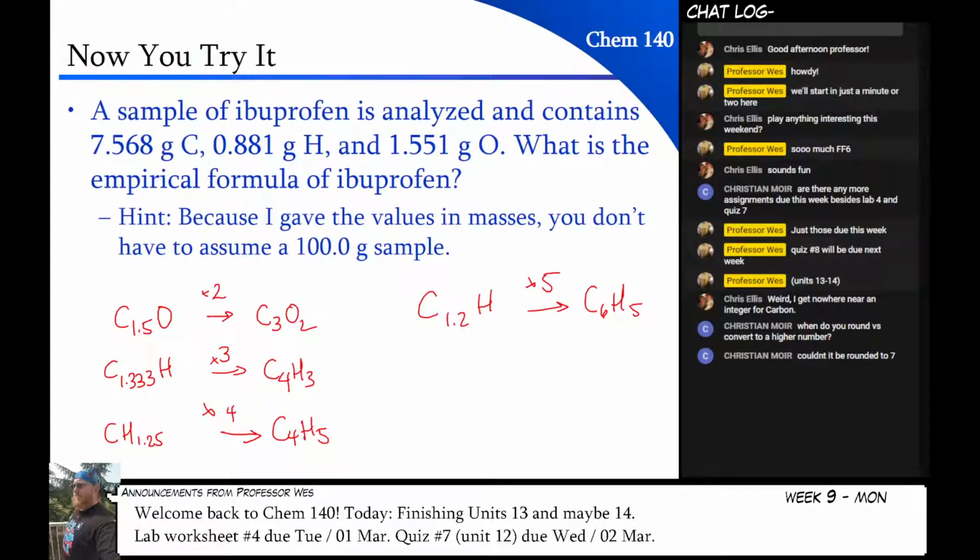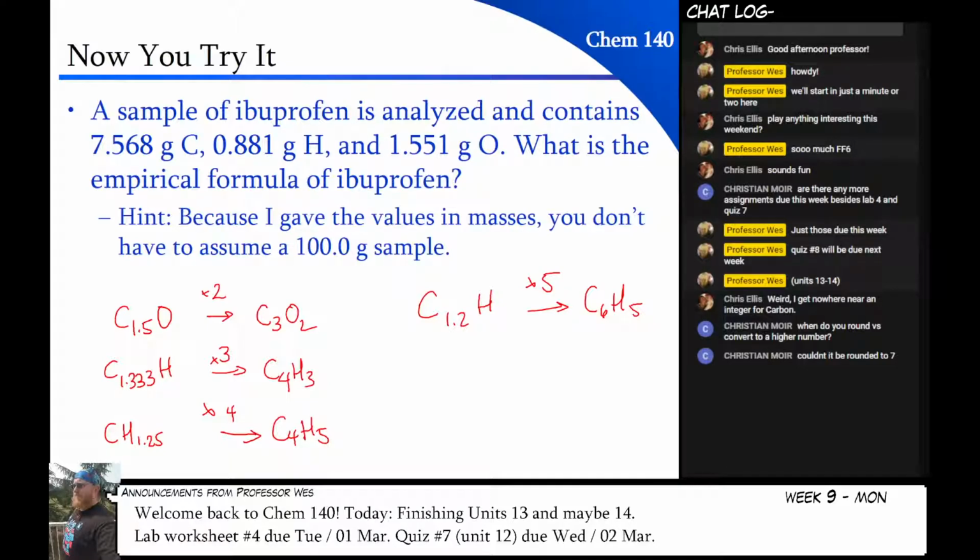Could it be rounded to 7? No, because you're right between 6 and 7. In these cases, when you are dealing with empirical formulas, because you are expecting integers, you only want to round them if you are extremely close to them, and not round out half of one, because that's implying that you have an issue here where you need to multiply by 2.